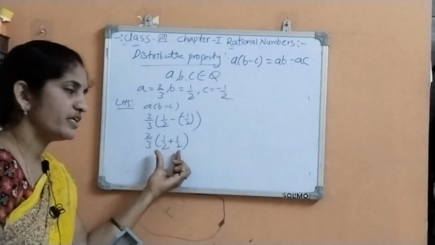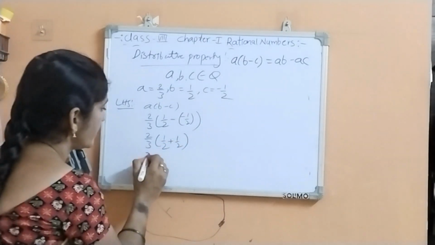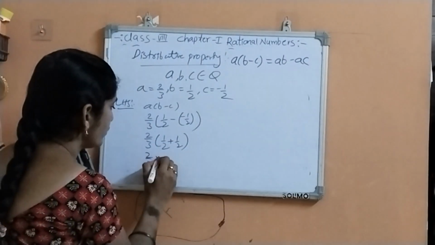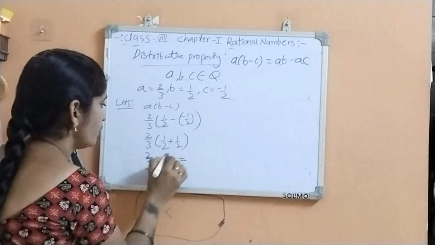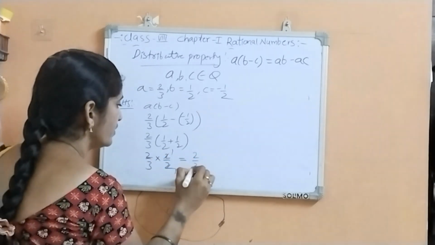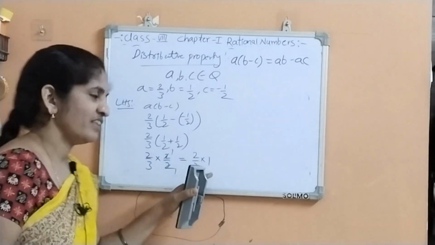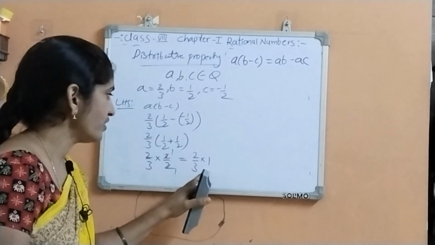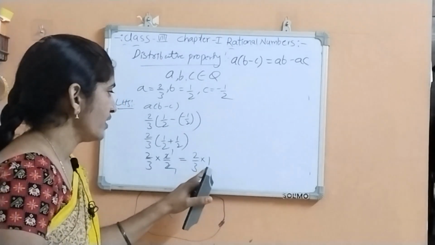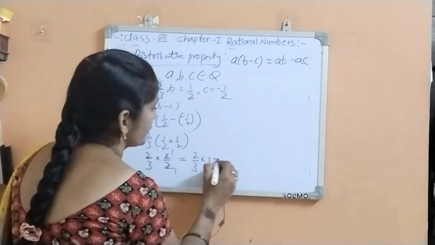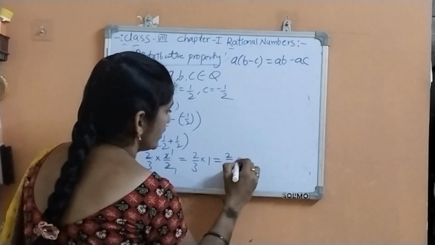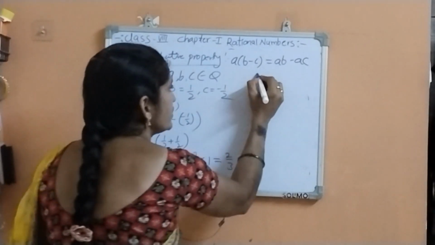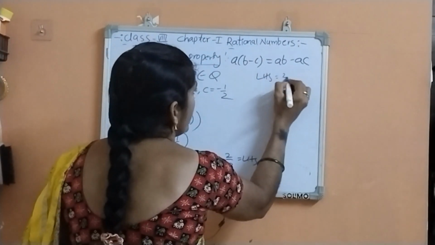These are like fractions, so I add directly: 1 plus 1, 2 by 2, which is 1. So 2 by 3 into 1. In this case also we got the multiplicative identity, so the LHS is 2 by 3.